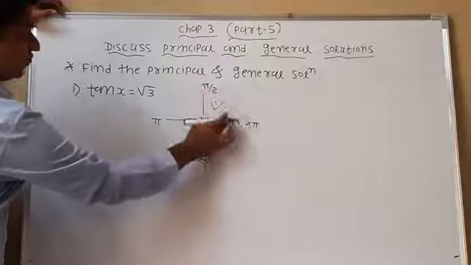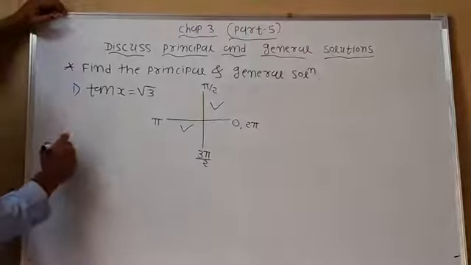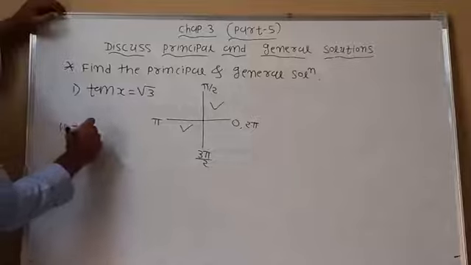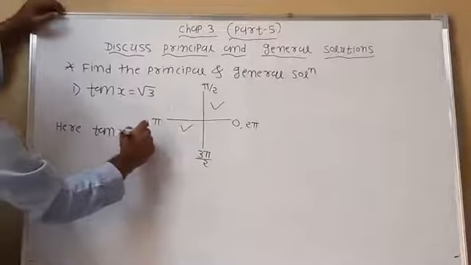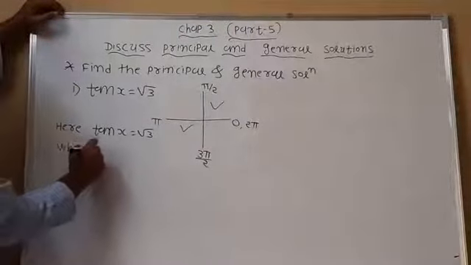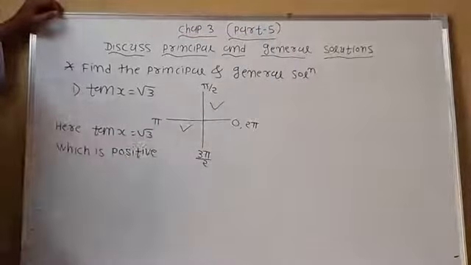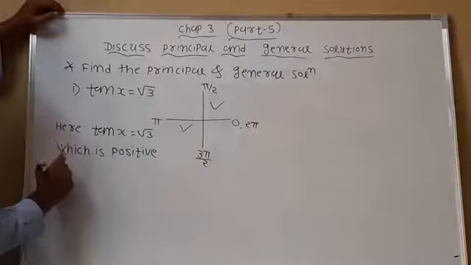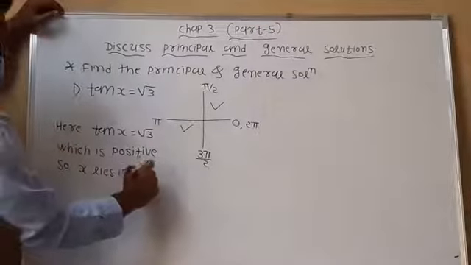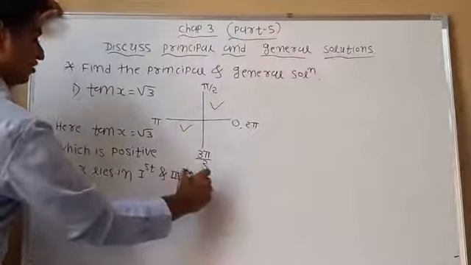Now between 0 and pi by 2, the 60 degree value is present here, so one value we can write directly. Here tan x is equal to under root 3, which is positive, so x lies in the first and third quadrant.